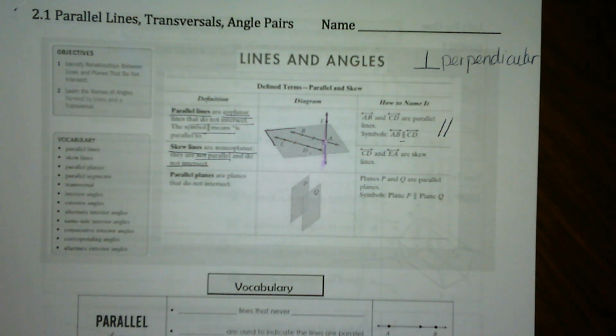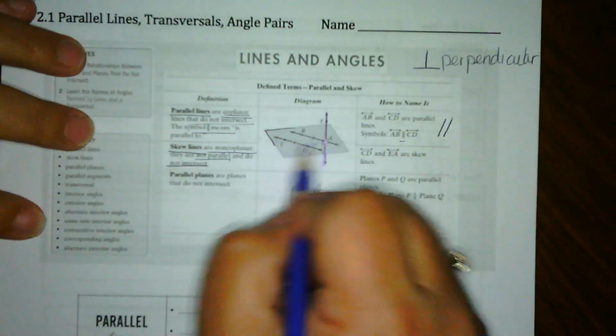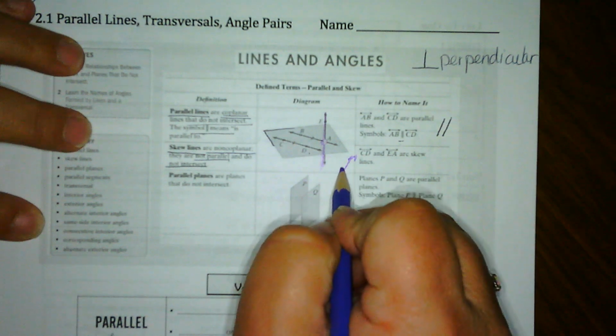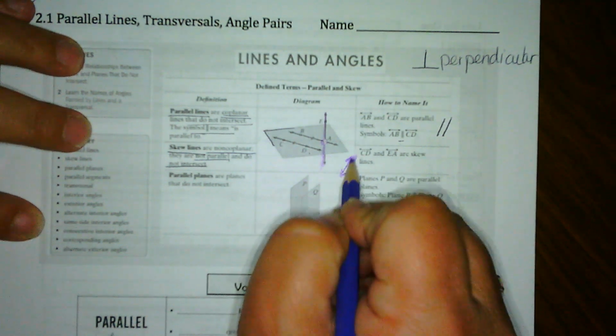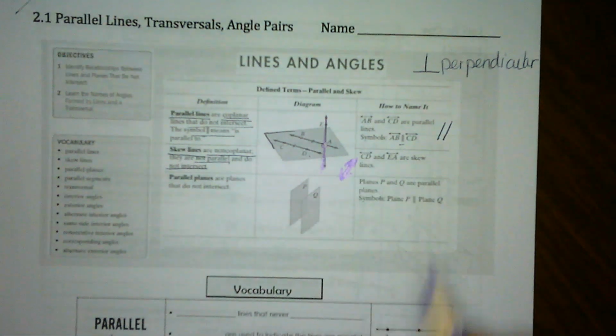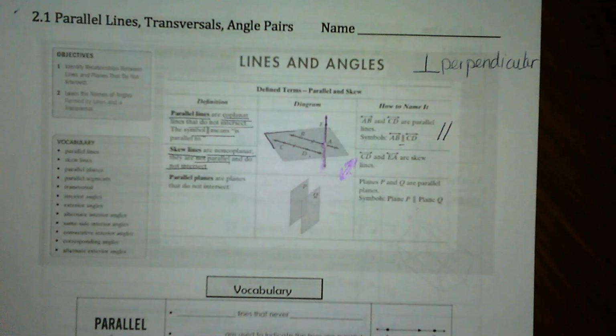They're just on a different plane because they intersect. If I come over here off this plane and draw this line right here, that's a skew line.